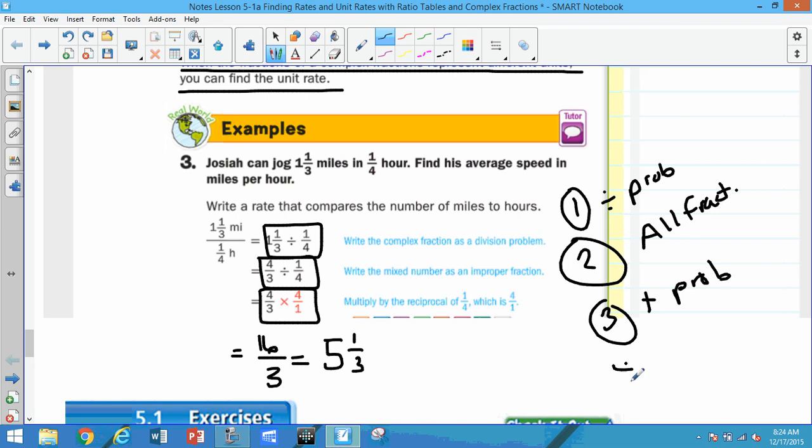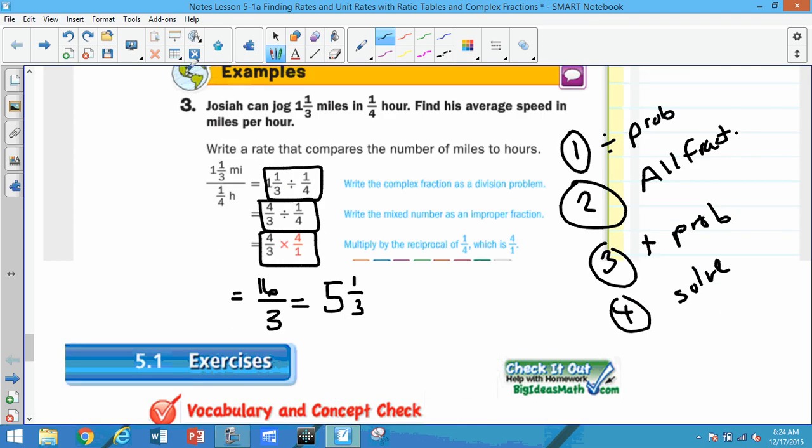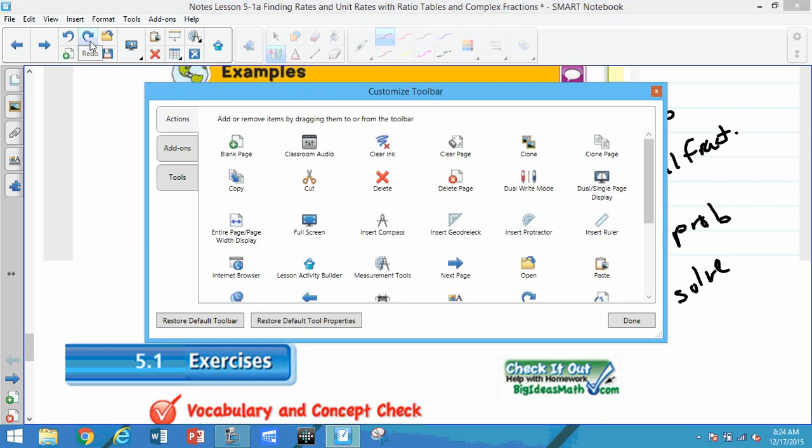And then fourth, you have to solve it. And then don't forget, you also have to label it. So it's miles per hour, because that 16 on the top is miles and the bottom is hours. So you need to make sure that you label it correctly.